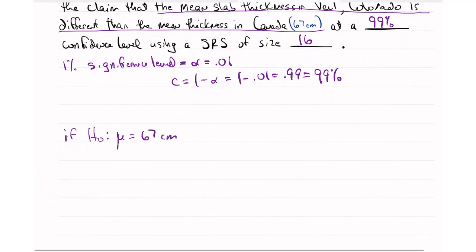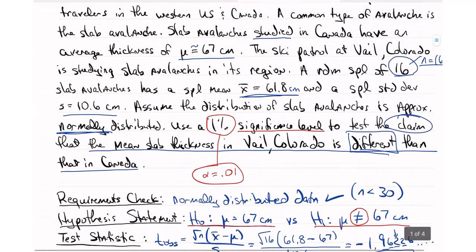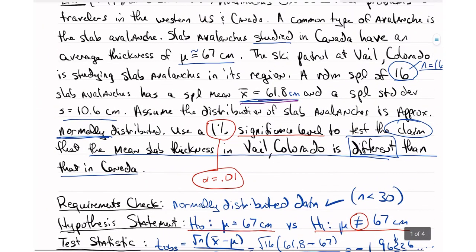But what if we just wanted to test that the thickness was less than 67 centimeters? Okay, so we can do this because our sample mean, x bar, is less than what we're proposing as mu. We certainly wouldn't test that it was larger than, because x bar is not larger than 67, it's smaller than.